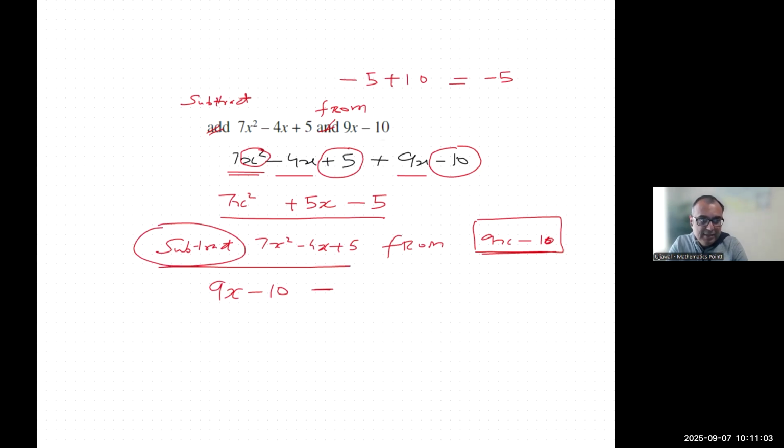And the second expression sits after, and it always has to sit in a bracket. 7x squared minus 4x plus 5. I hope you now understood what the mistake is. A few of you might have been right. The chat was going too fast, but 90% or 99% of you were incorrect.